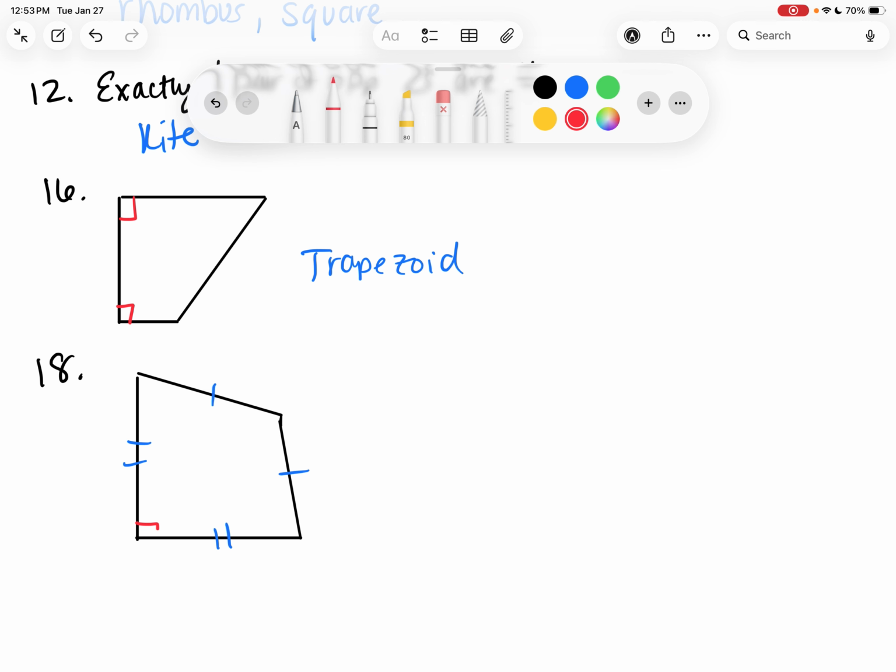Do we have to copy these down or can we just write the answers? No, you can just write the answers. That's fine. Unless it specifically is asking you to mark something, but I don't think any of them are doing that. All right, so based on this information, what shape do I have? Kite. We've got consecutive sides are congruent to each other.